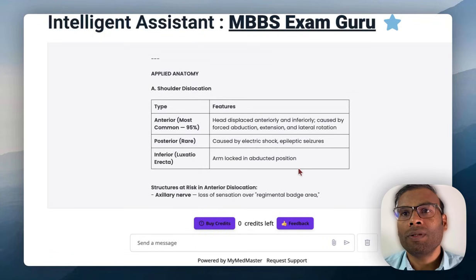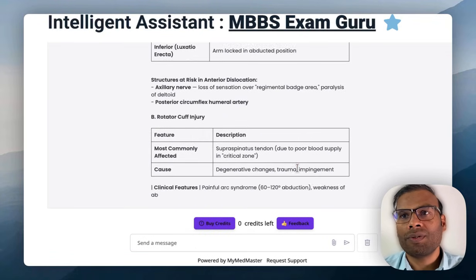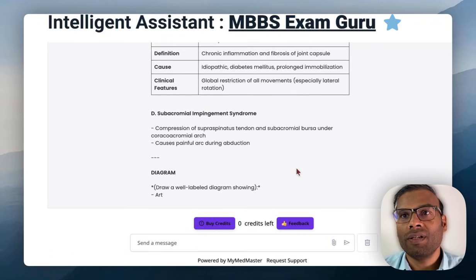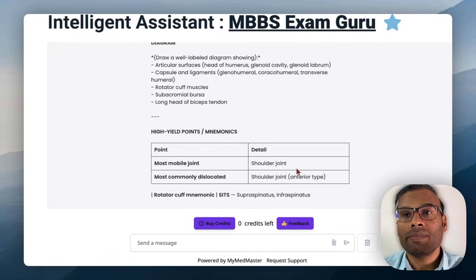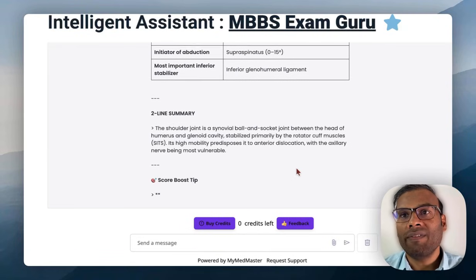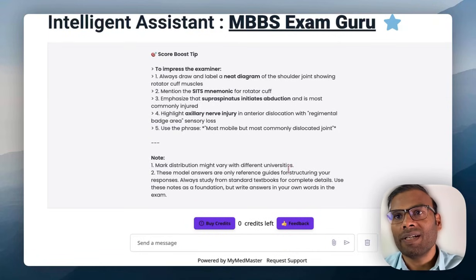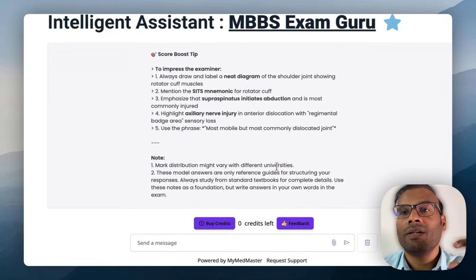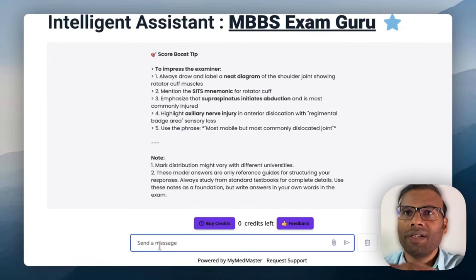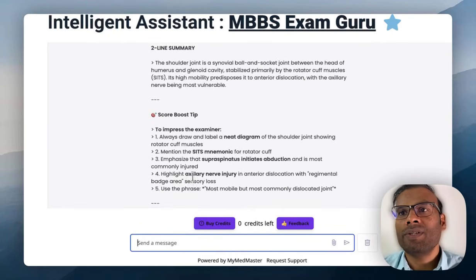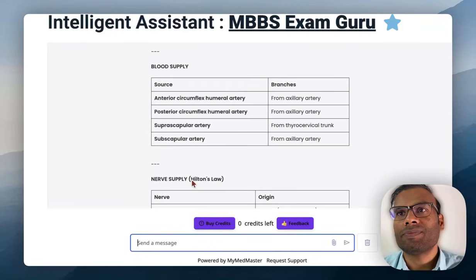Depending upon the particular topic, some topic answers might be very long. So sometimes it will give a half answer and it will stop. If you think it's a half answer, you can click or you can type here. Here it has given the full answer, so there is no problem. So let's see the answer.